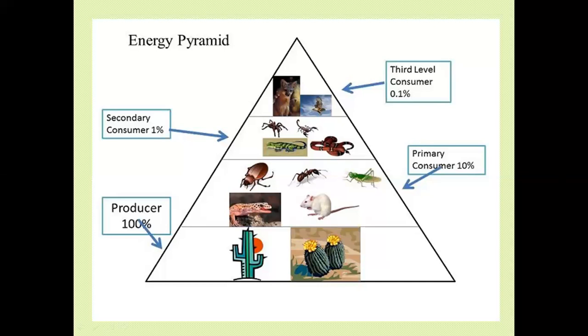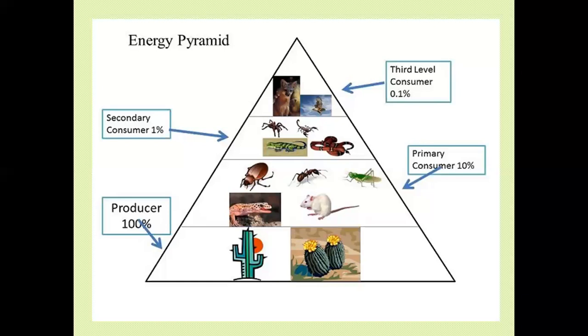So the animals living at the topmost trophic level get only 0.1% of the energy which had been produced at the bottommost trophic level. So this shows how energy has transferred from the lowest trophic level to the topmost trophic level.